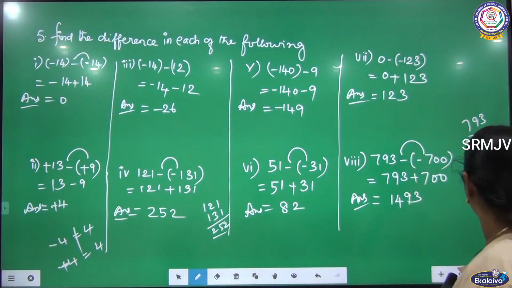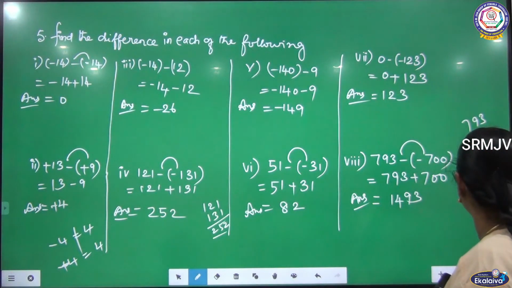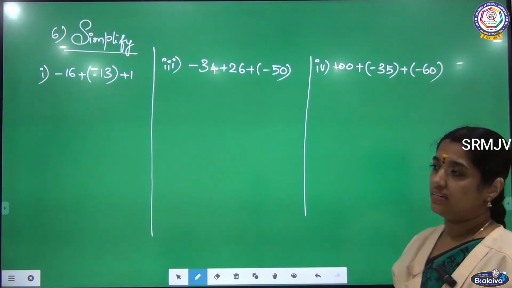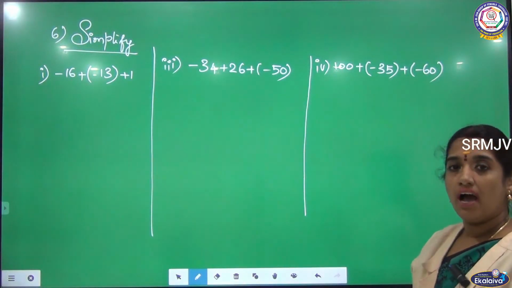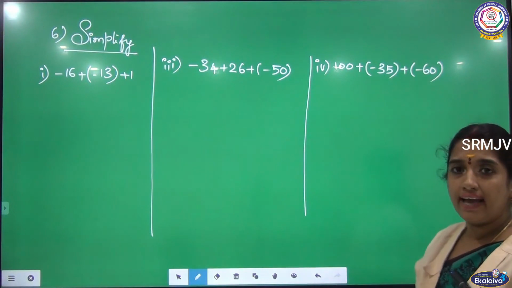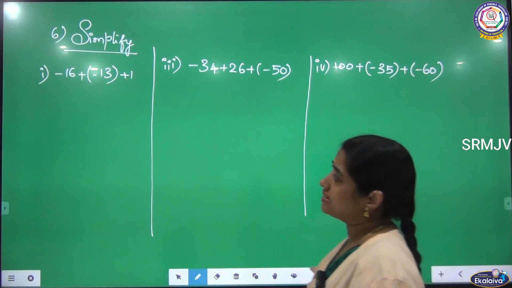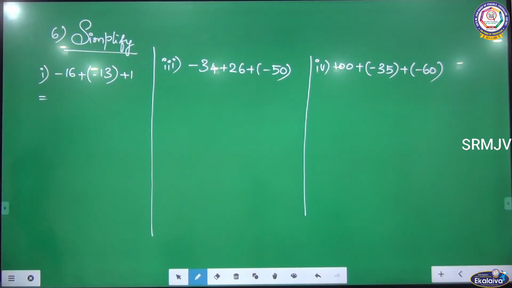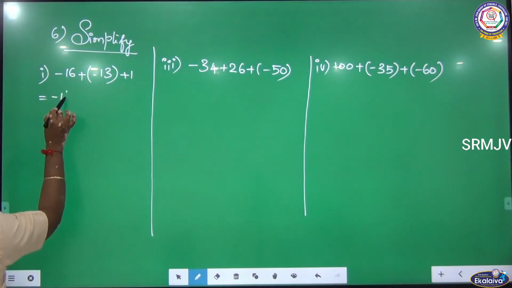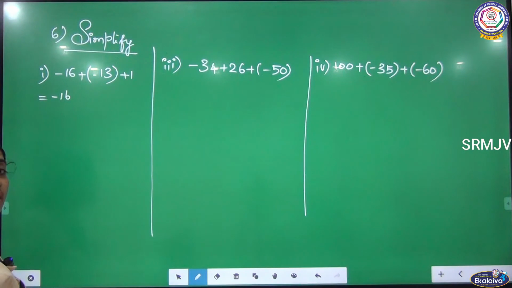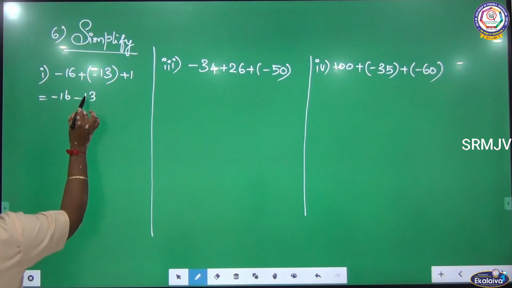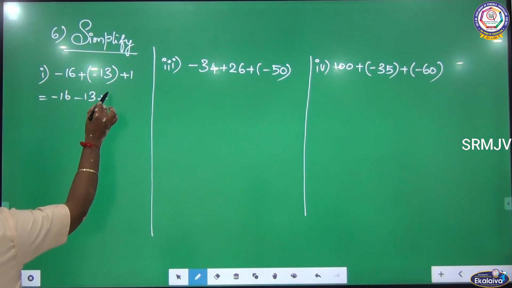So, next I am moving to the sixth sum, simplification. Remove the bracket and then if you want to add, add, subtract means subtract, simplify. Listen, minus 16, write as it is, remove the bracket, plus into minus is minus 13 plus 1.